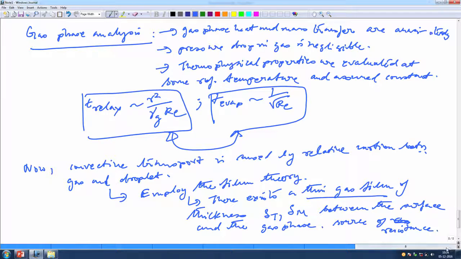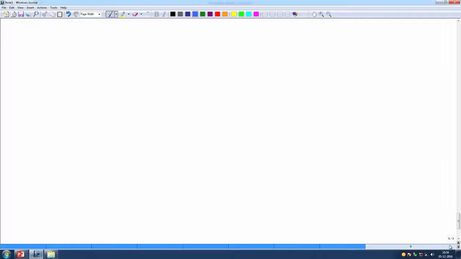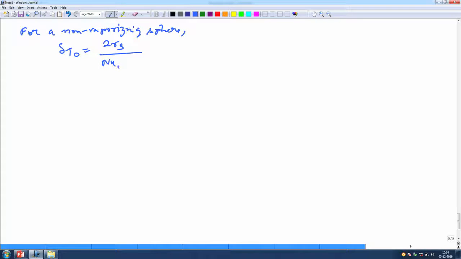So, now if you look at a non-vaporizing sphere, what happens is that delta_T0 is given by 2Rs divided by Nusselt number_0 minus 2, and we will come to that.